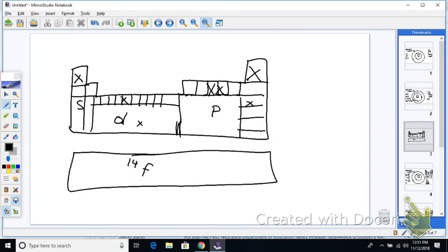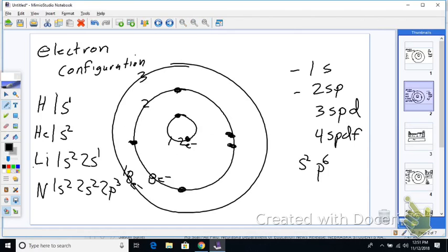So goes 1s2, 2s2, I'm here. Beryllium. Then 2p1, 2p2, that's carbon. 2p3. Okay? And then that would be the electron configuration for nitrogen. Make sense?